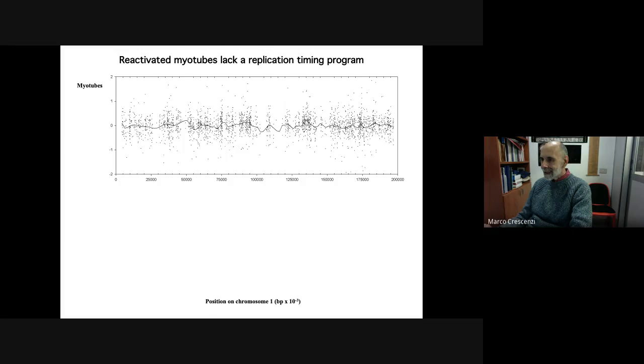All areas in a myotube are replicated with the same probability. Not all of them are replicated within the same nucleus, because DNA synthesis is always incomplete in each individual nucleus. But there is no preferentiality. No area is more or less difficult to replicate. It's just random.